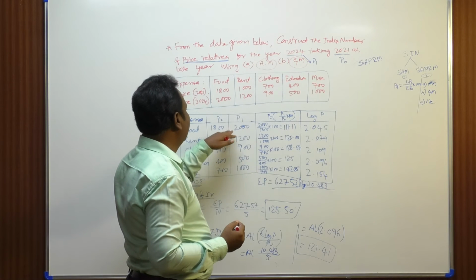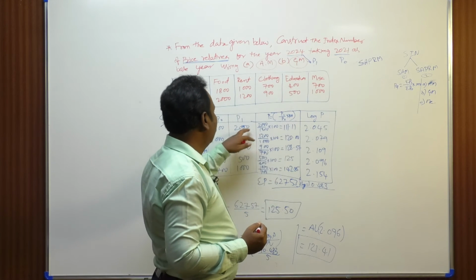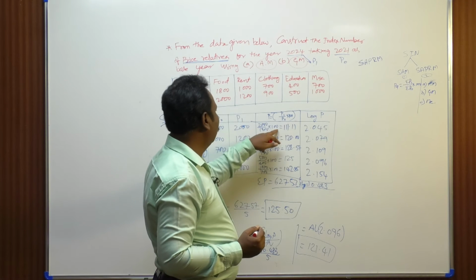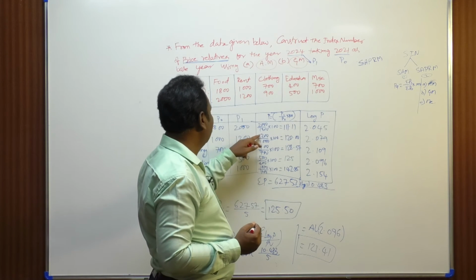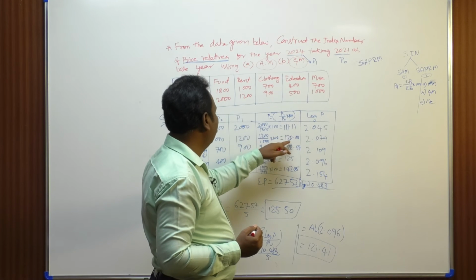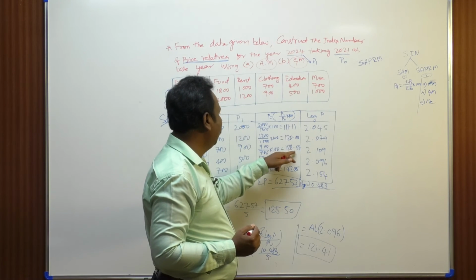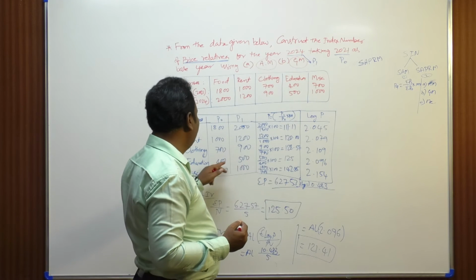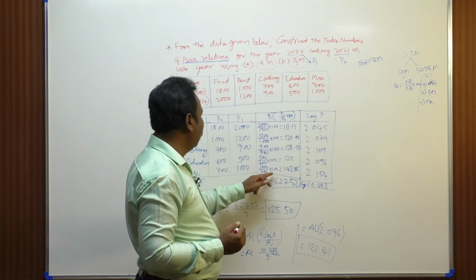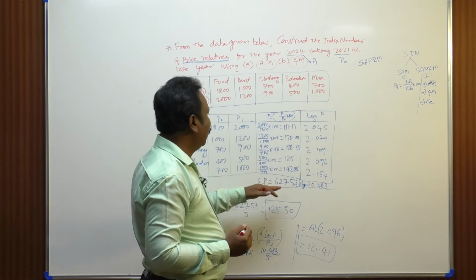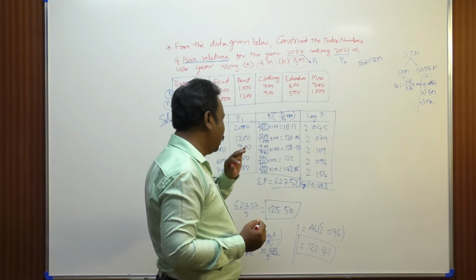The current year price divided by base year price into 100. So, 200 divided by 1800 into 100, 111.11. 1200 divided by 1000 into 100, 120. 900 divided by 700 into 100, 128.57. Then 500 divided by 400 into 100, 125. Then 1000 divided by 700 into 100, 142.85. So, the summation of P values is 627.57.